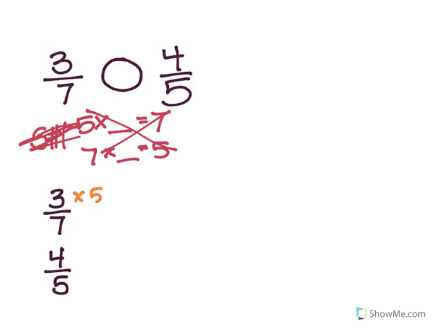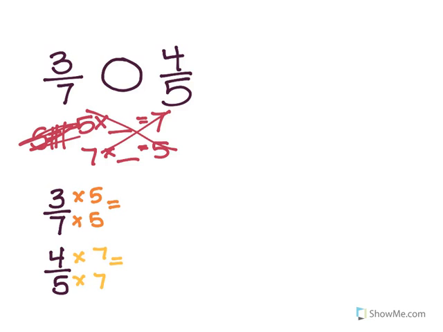So that means I multiply the top and the bottom by 5. And then I multiply the 4/5 by this denominator, 7. When I do this, 5 times 7 and 7 times 5 are the same answer, right? So that means I get the same denominator each time.